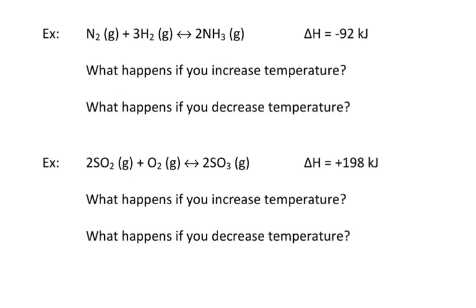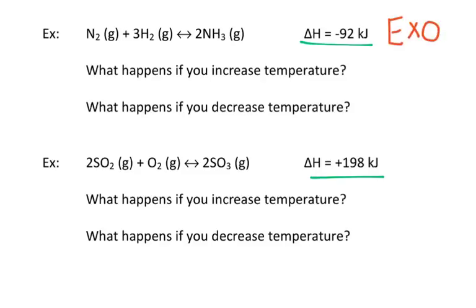All right, so now we have these last few examples in the packet. So looking at the first reaction, first of all, we need to identify if it's endothermic or exothermic. So we look at the delta H value. Since delta H for this first one is negative, that makes it exothermic.